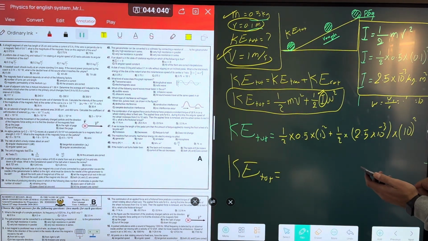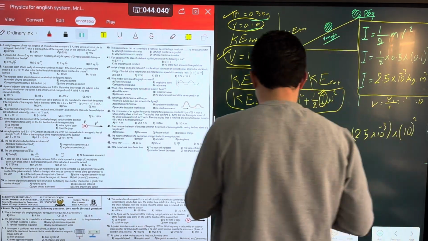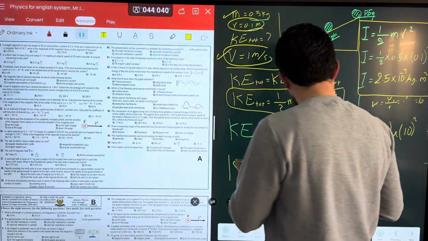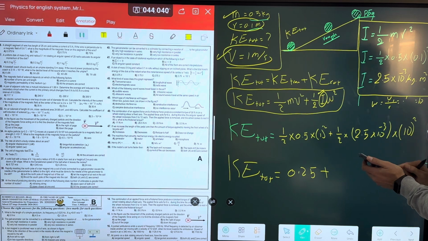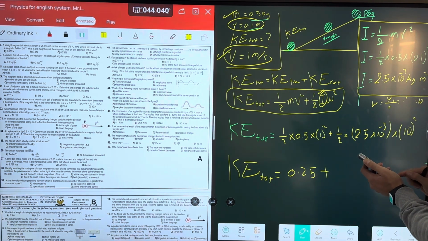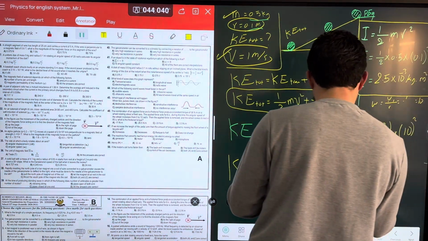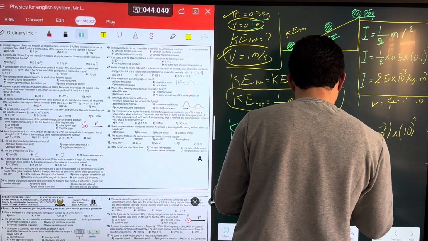1 over 2 times 0.5 times 1 square is equal to 0.25, plus 1 over 2 times 2.5 times 10 power negative 3 times 10 square, 100, is equal to 0.125.